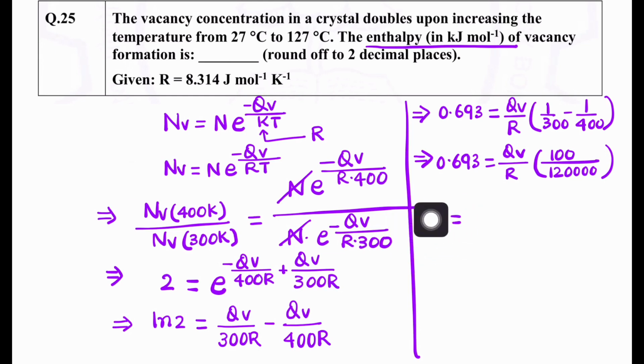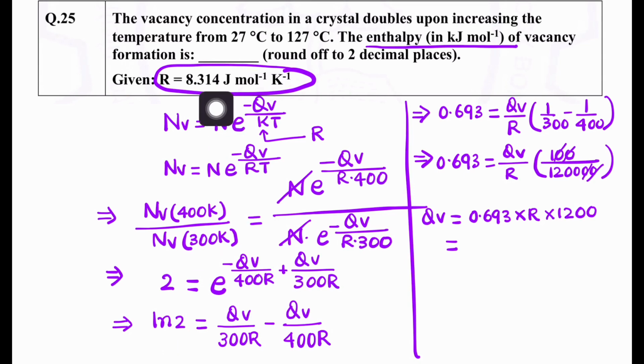This is the energy or enthalpy that is required for the formation of vacancies. So formation of 1 mole of the vacancies, because we have to find per mole here. So it will be equal to 0.693 into R, it will be cancelled out, so it will be 1200. Now in the question, the value of R is given, that is universal gas constant, that is 8.314 joule per mole per Kelvin.